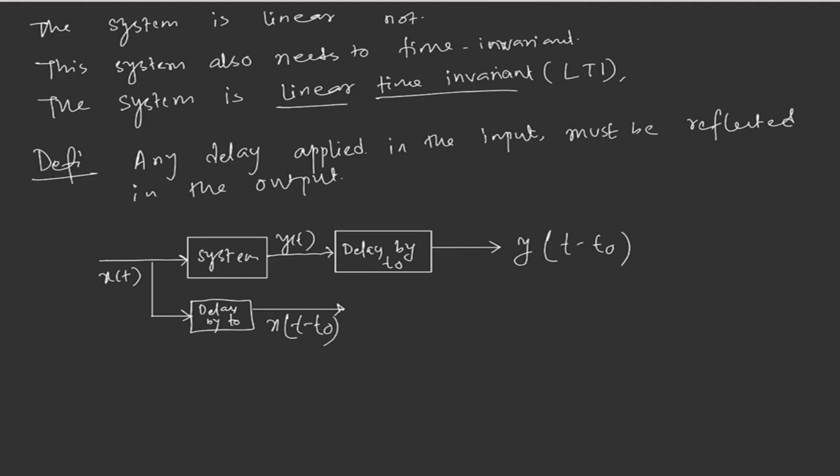And if we apply this x(t minus t naught) to my system, we can write this as y dash (t).